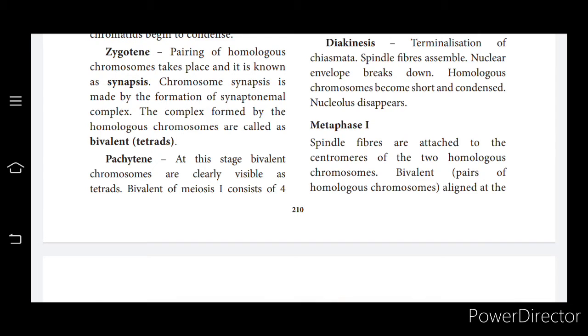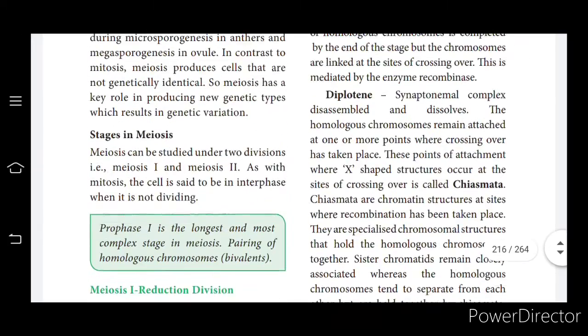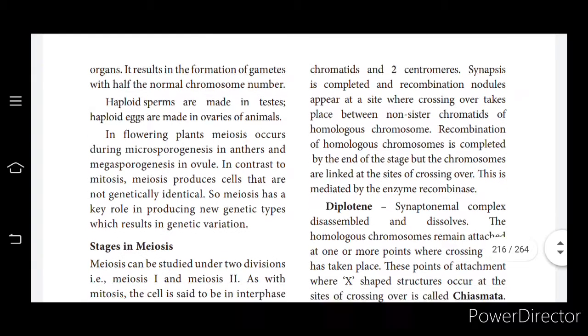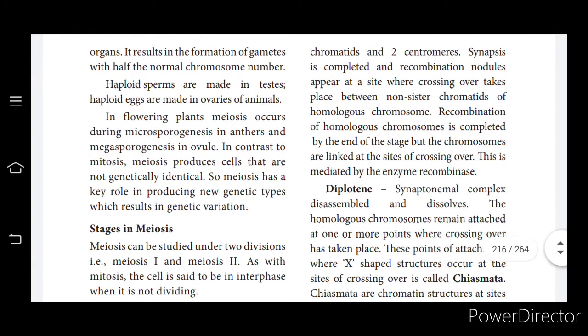Pachytene: at this stage, the bivalent chromosomes are clearly visible and they consist of 4 chromatids. Homologous chromosomes divide longitudinally to form the 4 chromatids. Synapsis is completed and recombination nodules occur at this site.